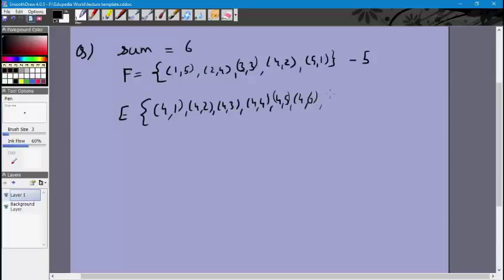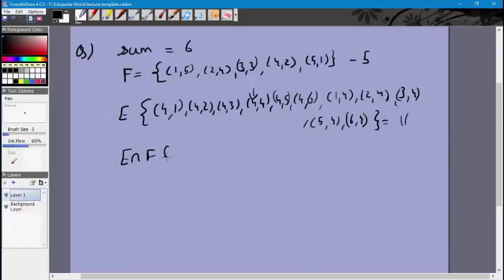Then the second one could be 4: 1 4, 2 4, 3 4. And now here's the key part, 5 4 and 6 4. We won't have another 4 4 because we've already included that here. So there are a total of 11 elements.